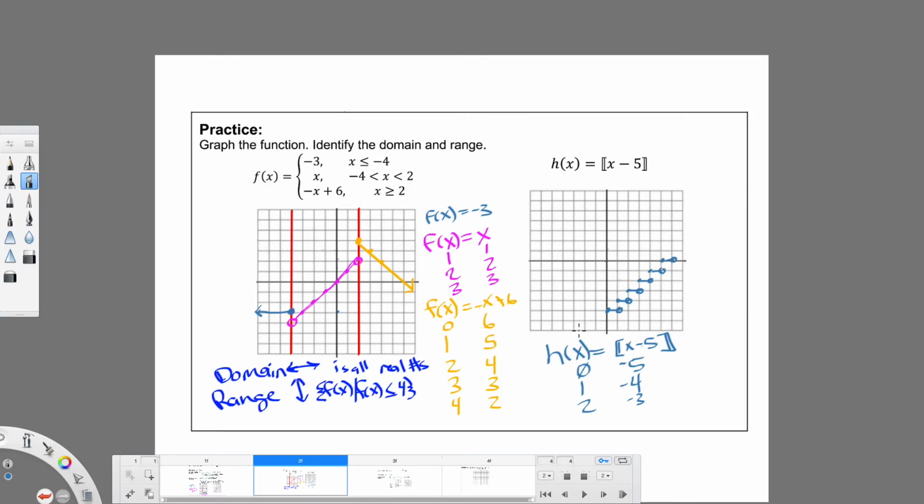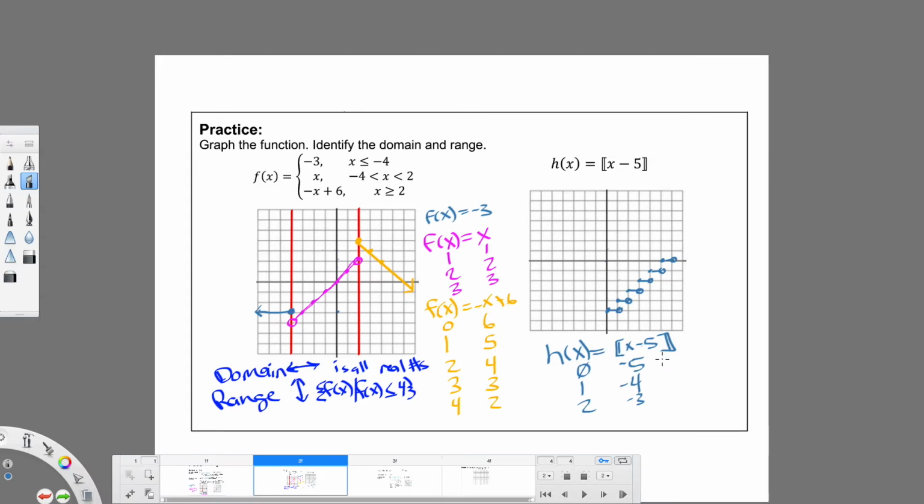So it's just the greatest integer. If I start plugging in decimals, that's where the greatest integer idea comes from. So I can plug in 0.1 and I would subtract 5 from it and I'd end up with a decimal and I would go with the greatest integer. So that's what these little symbols mean, right? That's kind of the big deal there, is that you go to the greatest integer of what you receive in the parentheses here.